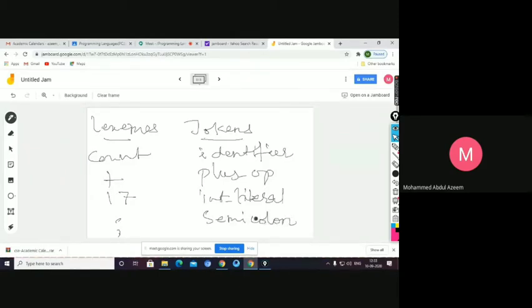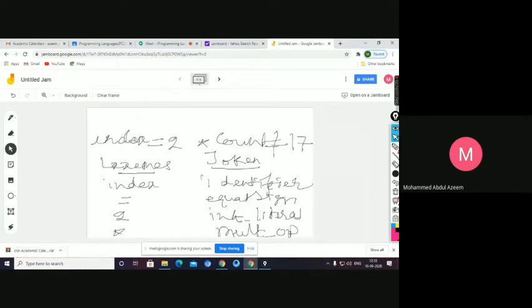So for a given expression, index equal to 2 into count plus 17, and if I take this semicolon here, because every statement is terminated with a semicolon, what are the lexemes?